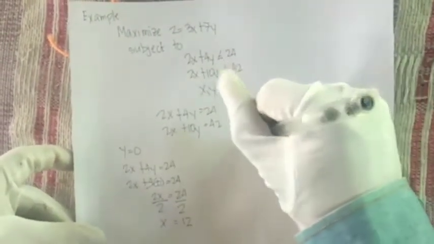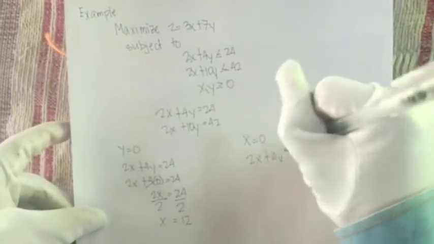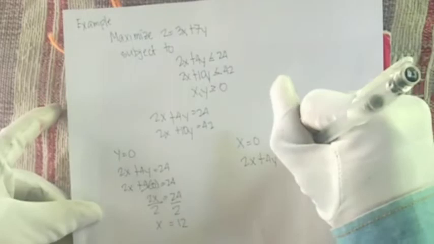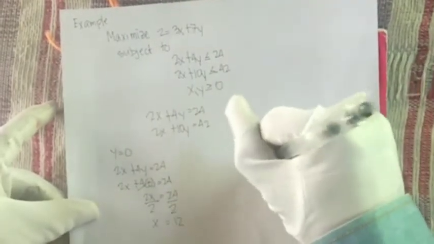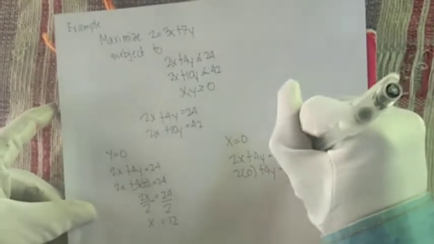So our x is 12. And then for the other one, if x equals 0, our constraint is 2x plus 4y equals 24. So 2 times 0 plus 4y equals 24. So 4y equals 24, canceling out this 2 times 0.